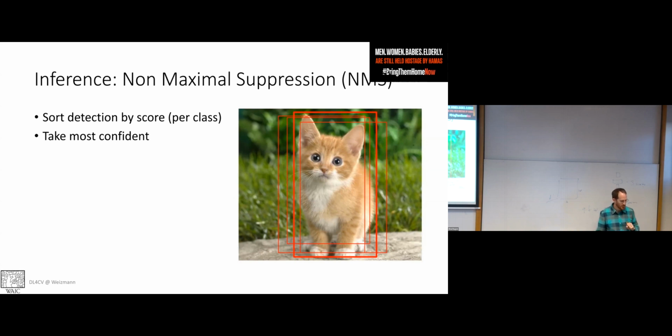We keep this, and all the predictions that have significant overlap with that box, we discard them. These are the same predictions, but not very accurate, so we can remove them. Now we check if we still have other cat bounding boxes left. These are other cats in the image. We take the maximal one and again suppress those that significantly overlap with it, until we are left with only these confident, non-overlapping predictions.